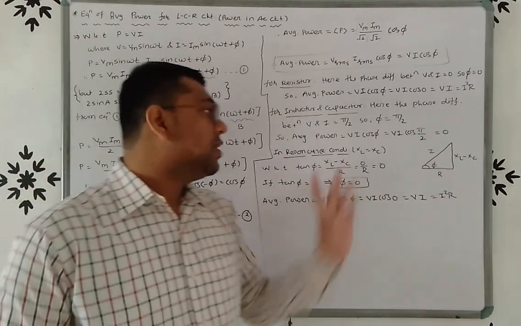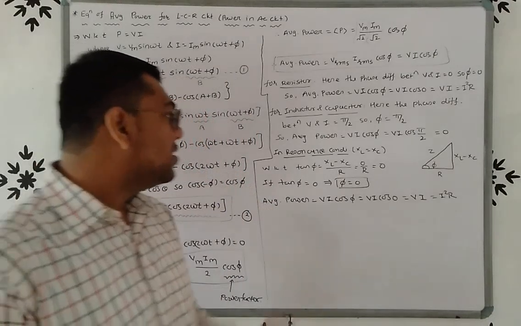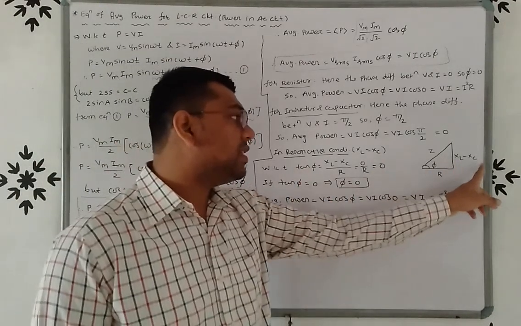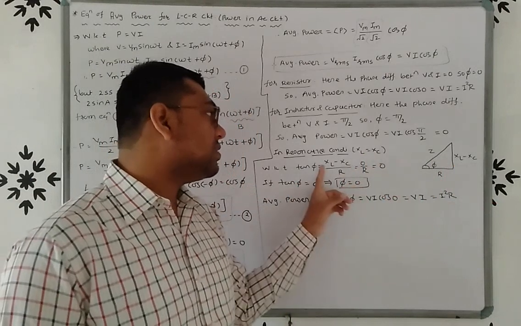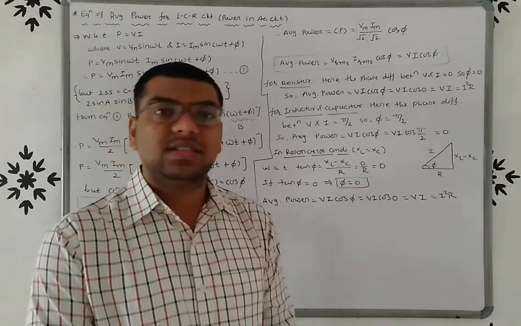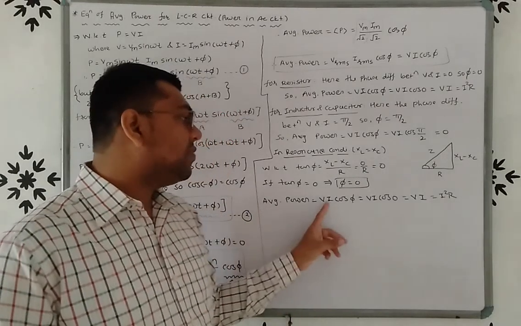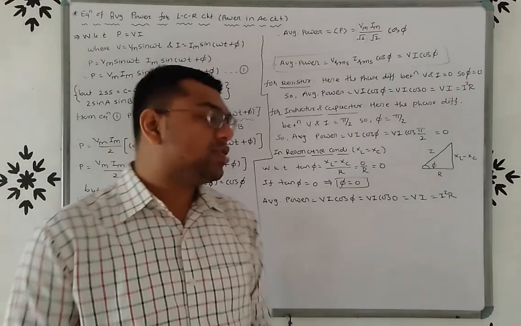What happens in resonance condition? We know that XL is equal to XC. So tan phi is XL minus XC upon R, and XL minus XC is 0. So tan phi is 0, so phi is 0. So average power is VI cos 0. But cos 0 is 1, so average power is equal to VI.